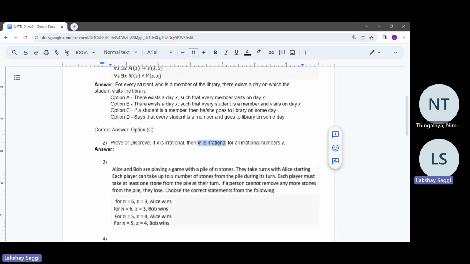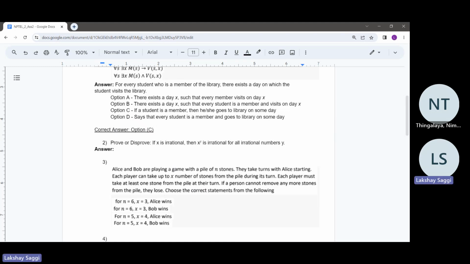To disprove it, we'll want to see an instance where irrational raised to power irrational will actually give output as a rational number and not an irrational number. So I hope you understand the question itself. So the question is just we want to see whether irrational raised to power irrational can be rational or is it always irrational.